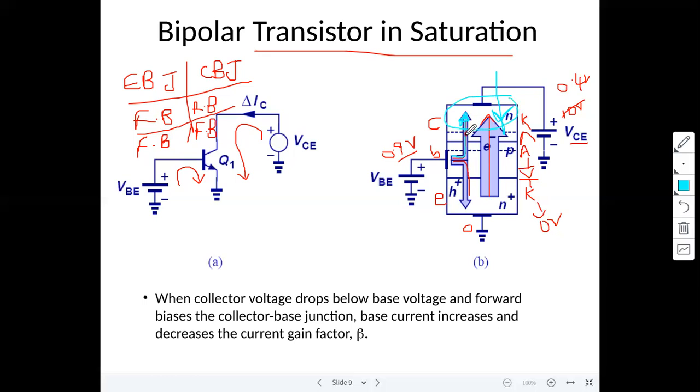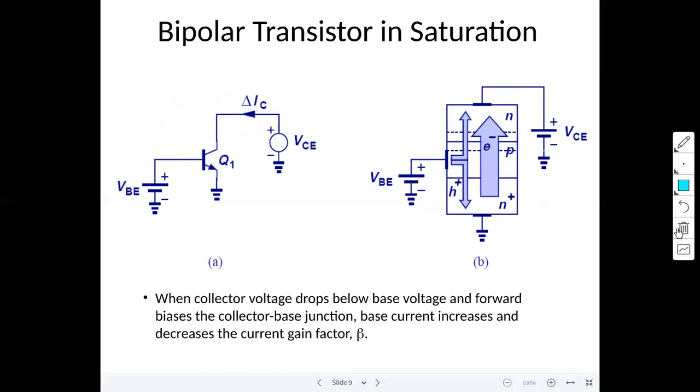This is the hole current and this is the electron current, and the conventional electron current and this hole current are opposite. So the net collector current reduces. Remember: in the transistor, in the saturation region, net collector current reduces.